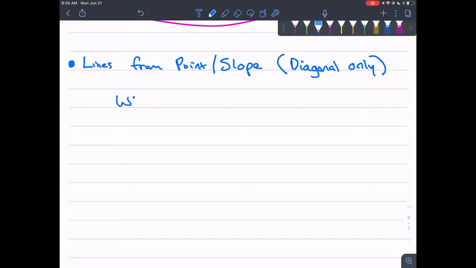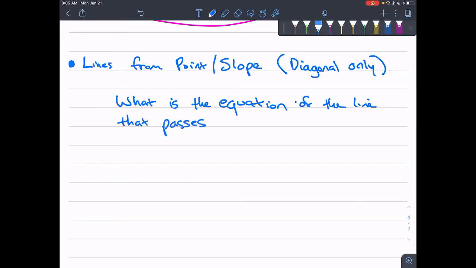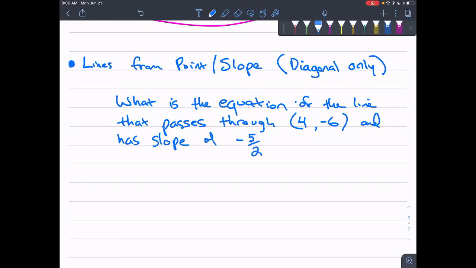So a question we might see is, what is the equation of the line that passes through ordered pair 4, -6, and has a slope of -5/2?